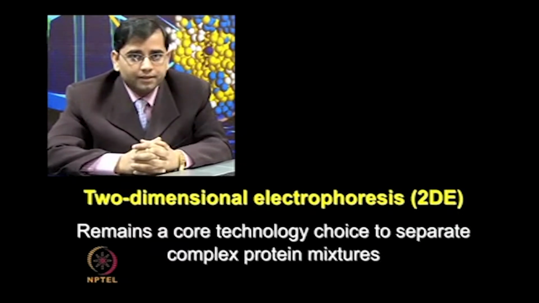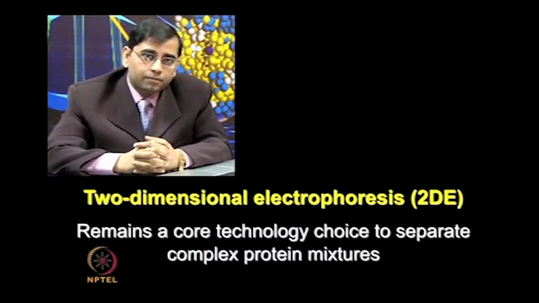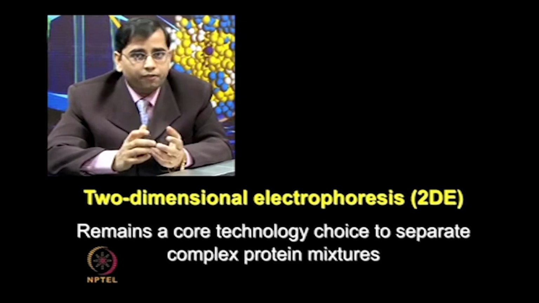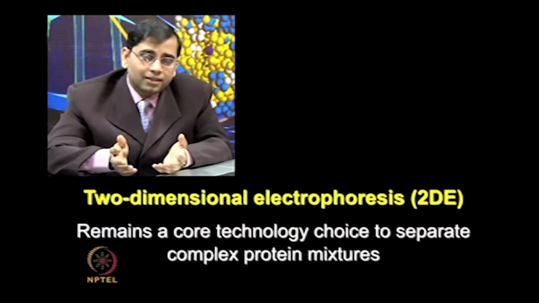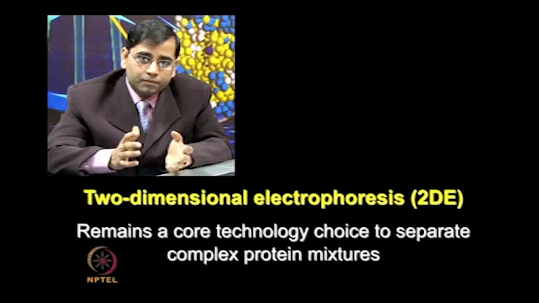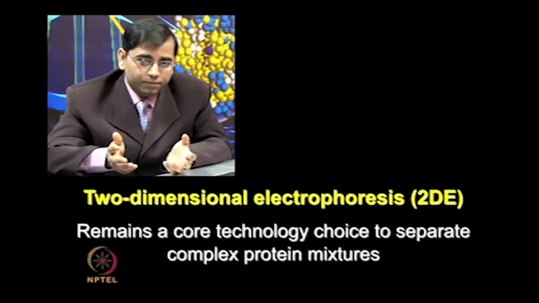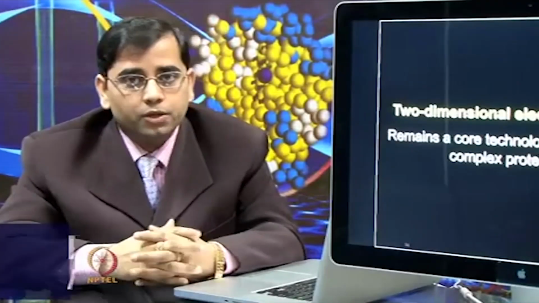Interestingly, two scientists, Klose and O'Farrell, applied two-dimensional electrophoresis to study different biological problems, and simultaneously and independently reported in 1975 that the two-dimensional electrophoresis method can be used to separate the proteins based on both molecular weight and isoelectric point.